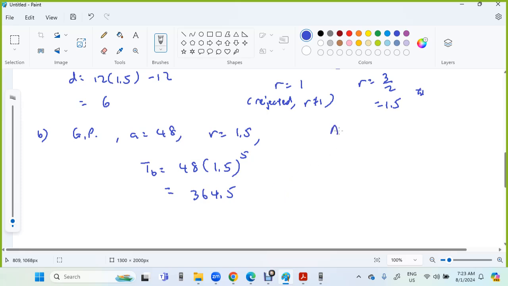And if it is an AP, then the a is 48 and the d is 6. So the sixth term is 48 plus (6 minus 1) times 6, 78. Okay, done.